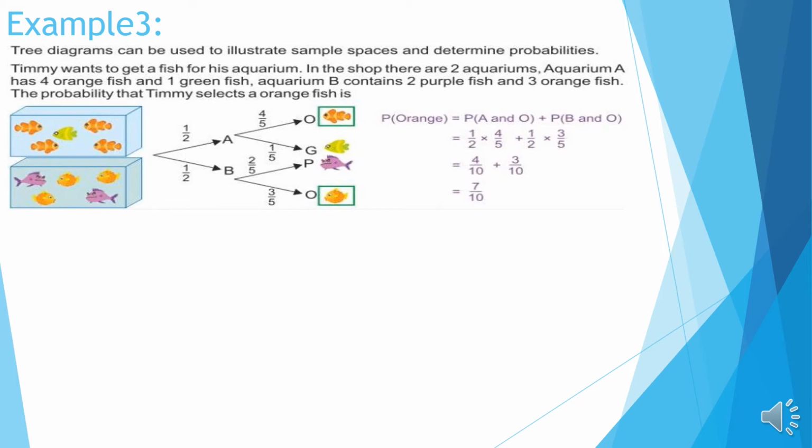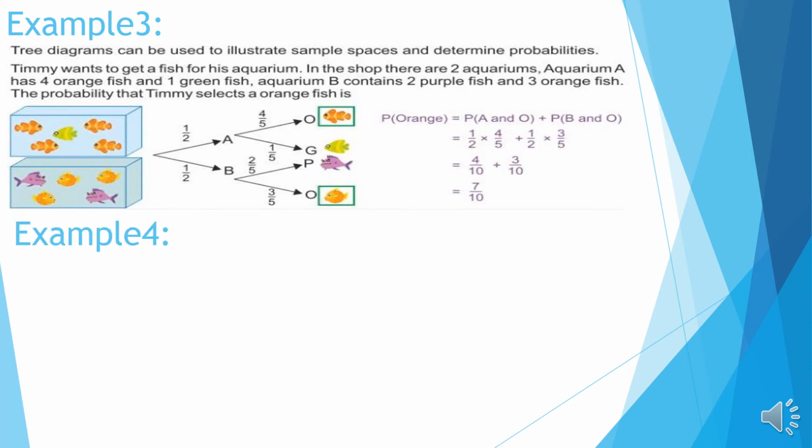We get the total probability of orange. If you have to find the total probability of purple, it is just P intersection B, since there is only one possibility: purple comes just from B. Green just comes from A.